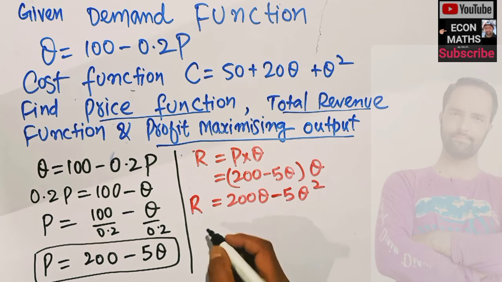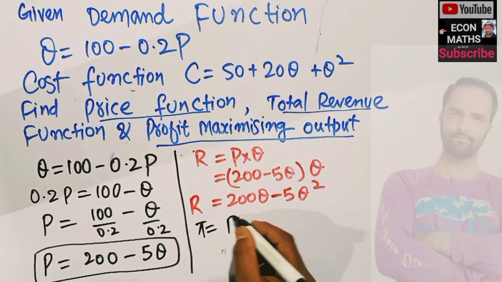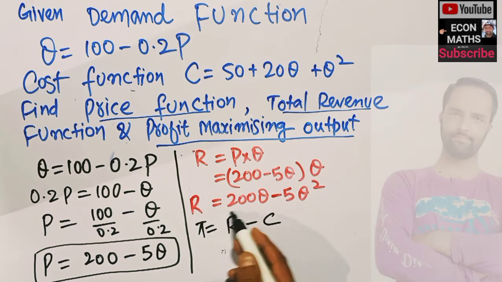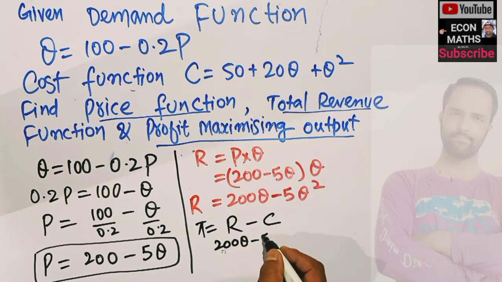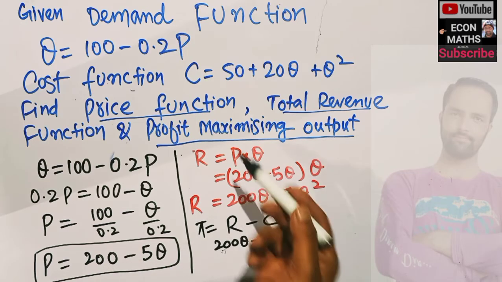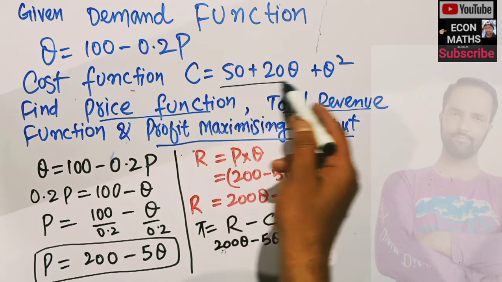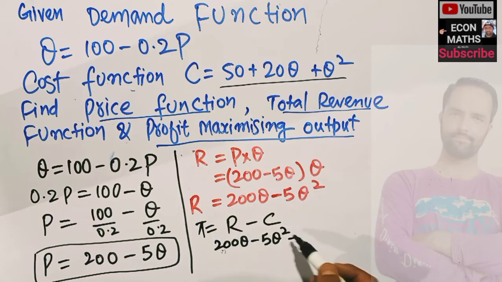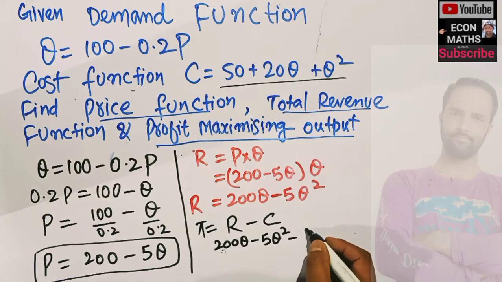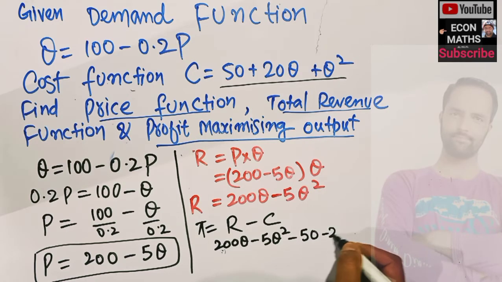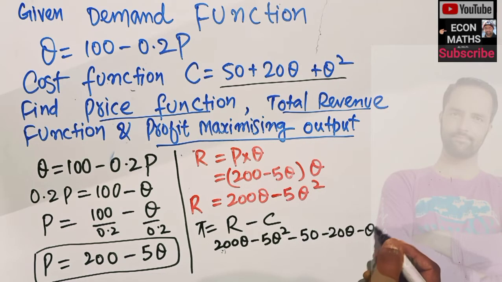We know that profit is simply equal to total revenue minus total cost. The revenue function is this, so we can write 200Q minus 5Q square. From this we subtract the total cost function, which is given to us as this. Subtracting the cost function from the revenue function gives us the profit function. So we have minus 50 minus 20Q minus Q square.